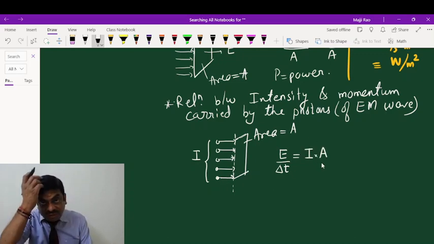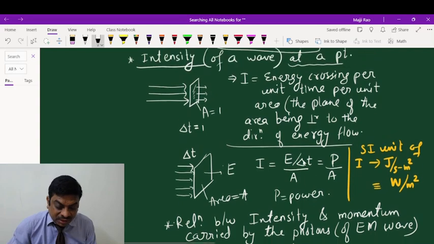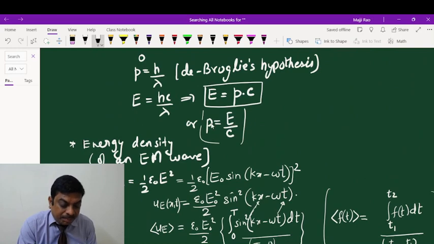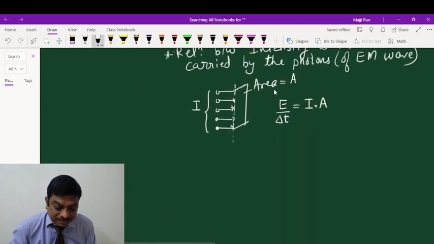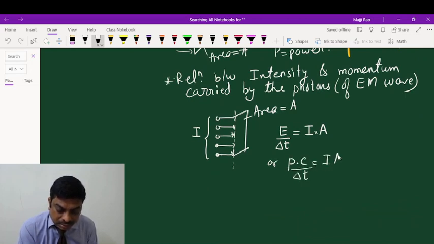This is from the definition of intensity. And we have seen that the relation between energy and momentum P is that energy can be written as P into C. Therefore, the momentum carried per unit time interval is I A by C.